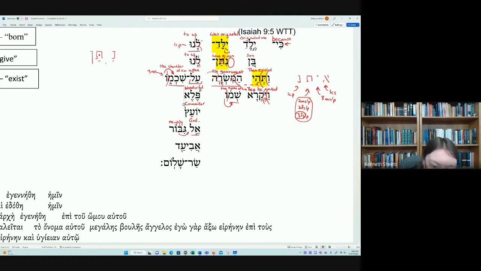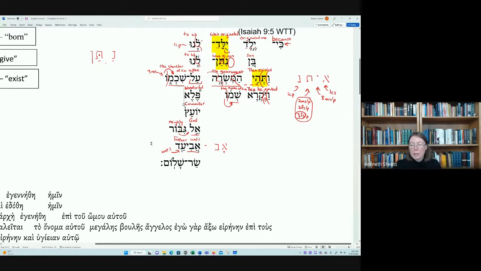You can see Avi there. That is going to come from the word av, which has the idea of father. And then the ad here is another preposition having the idea of until. So literally then we would say father until.